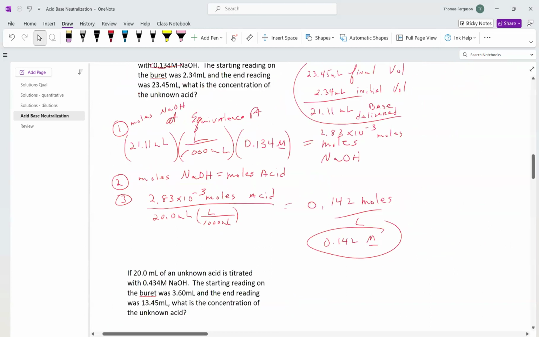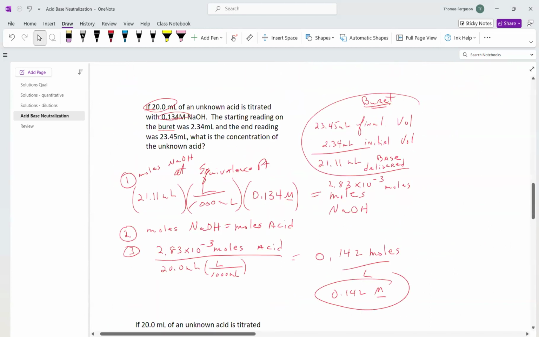Okay, so that is a typical titration problem.